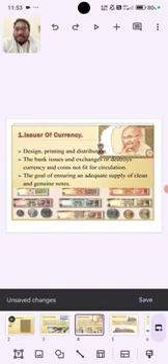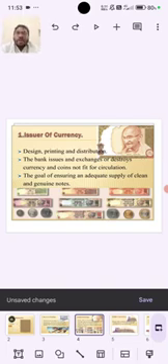The next is that the bank issues and exchanges or destroys currency and coins not fit for circulation. The destroyed notes should be taken under the custody of RBI. The goal is ensuring an adequate supply of clean and genuine notes.